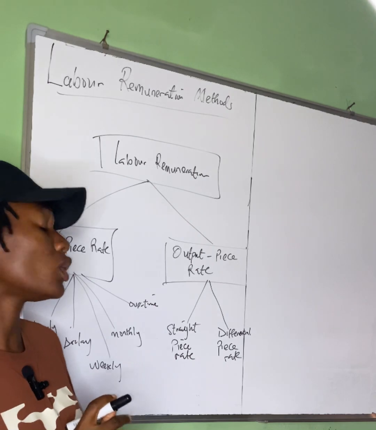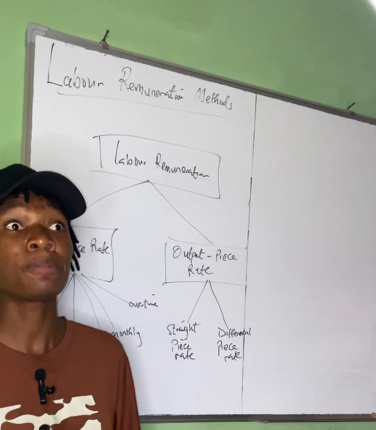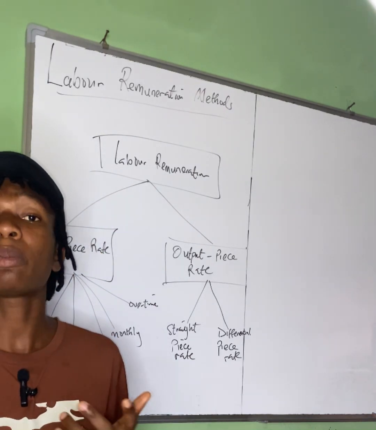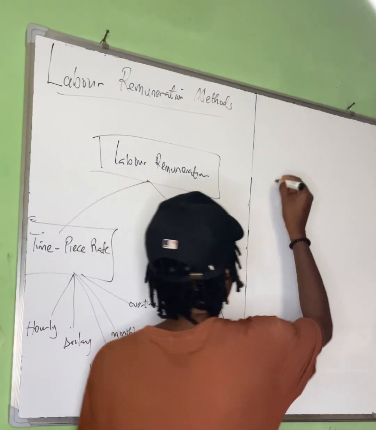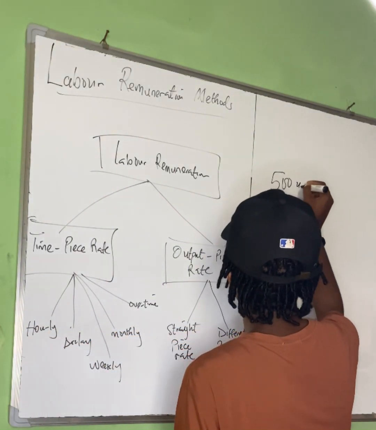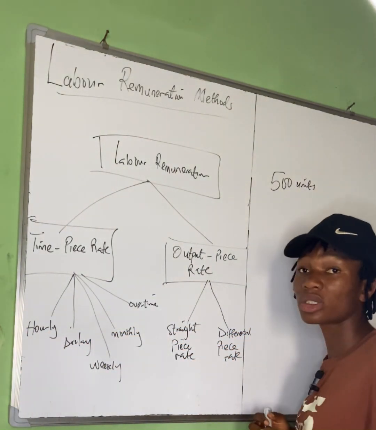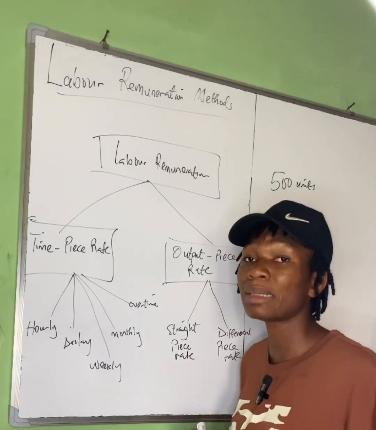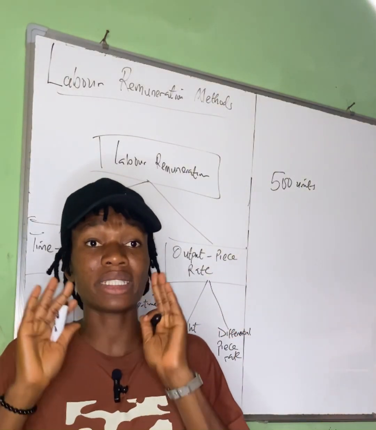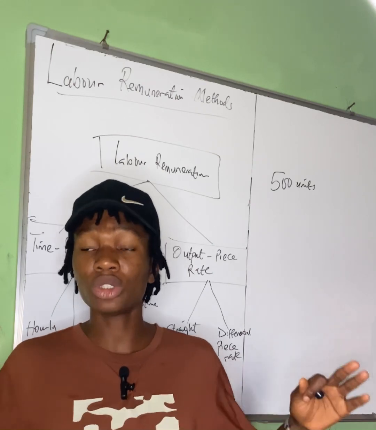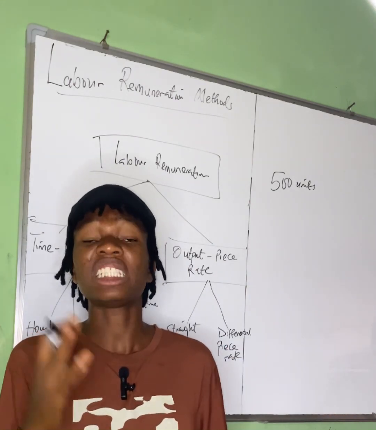So for the first illustration under the straight piece rate, we can say that a worker produced 500 units of a particular product. Under the straight piece rate, the same amount is paid no matter how many units you produce. The same amount is paid per unit.